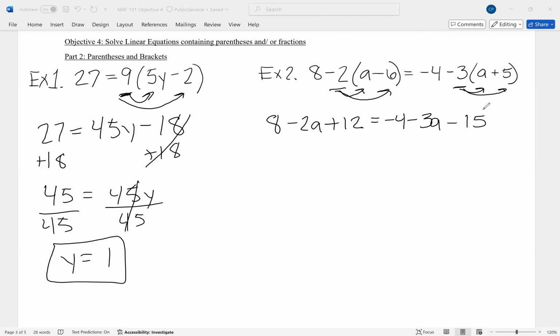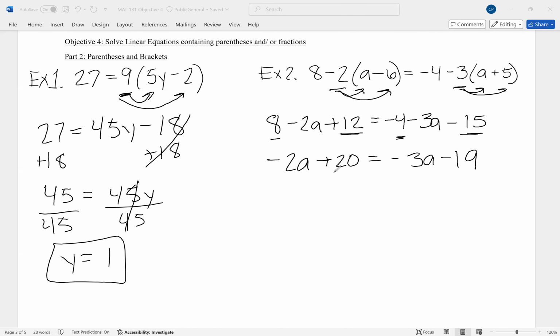So when we do that, now we can combine the like terms on the same sides, okay? So the 8 and the 12 and the negative 4 and the negative 15, we need to combine those first before we start moving things across the equal sign, okay?